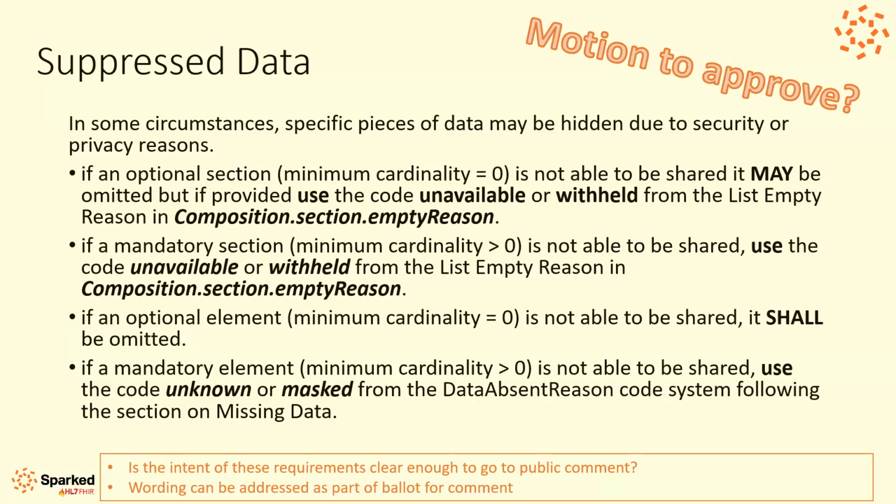Okay, forgive my spelling of suppressed. I always get that wrong. So that's the proposal to change the first sentence. Are there any other friendly amendments or changes that people would like to make for the content that we put out for the ballot for comment?